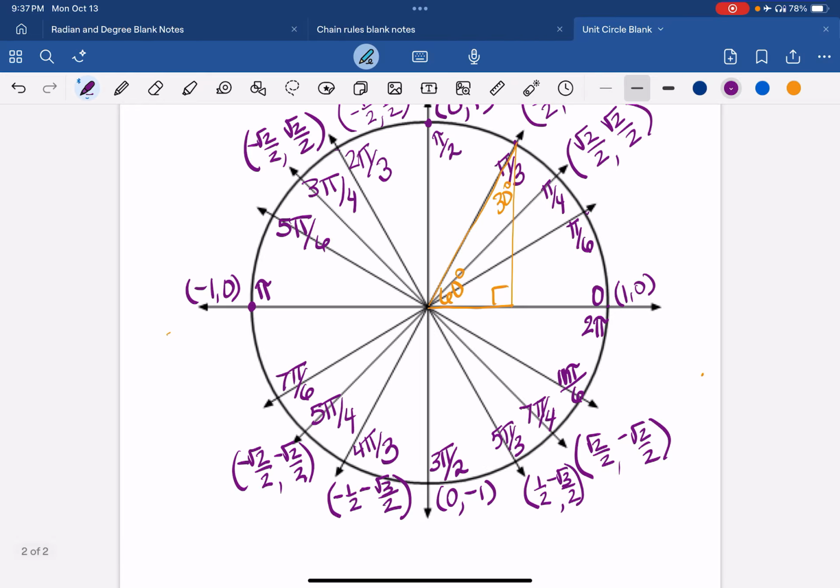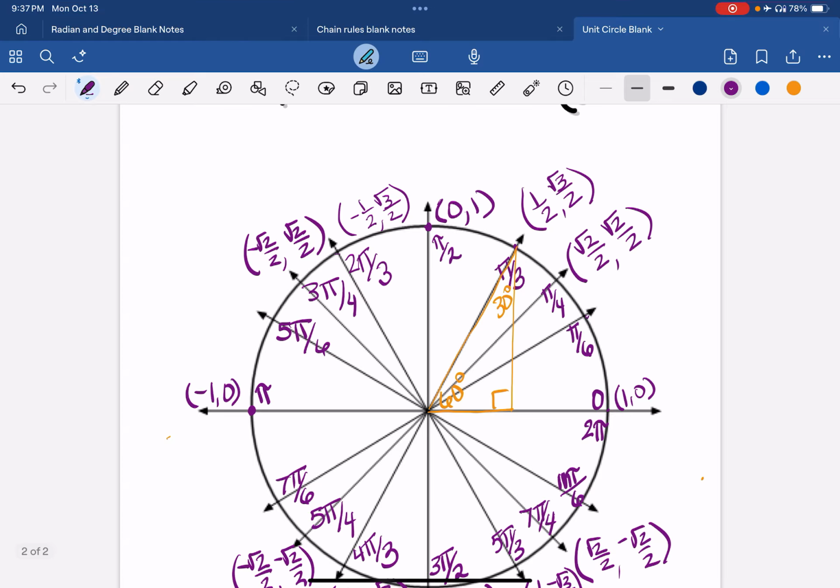Okay, so now we can draw another triangle to represent that. And let me erase this right here so that we can have not so messy of a circle. That's pi over 3. Okay, so now we would draw a triangle over here at pi over 6. Another right triangle, 180 divided by 6 gives us 30 degrees.